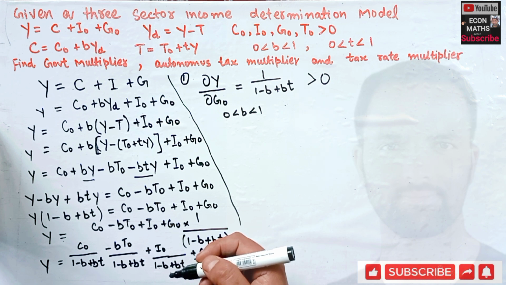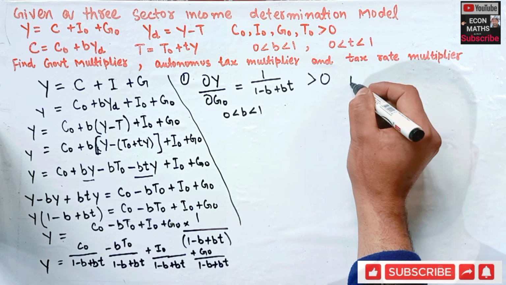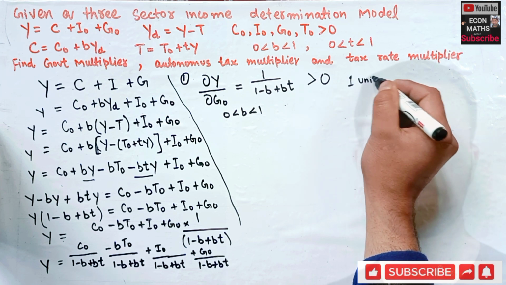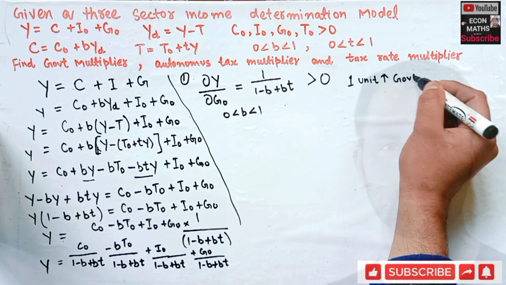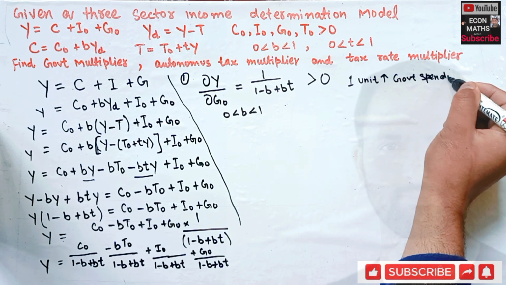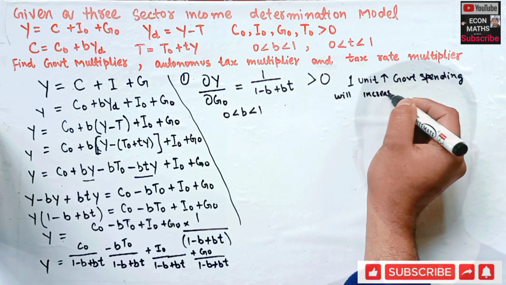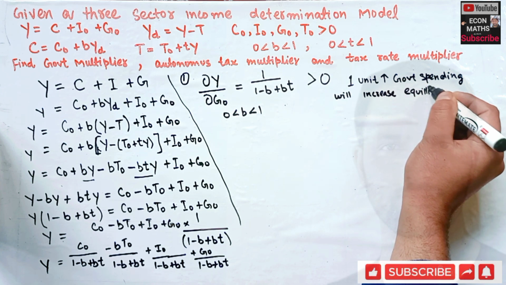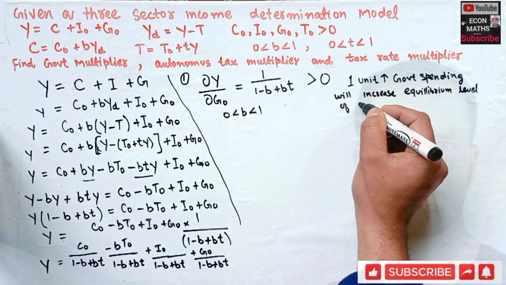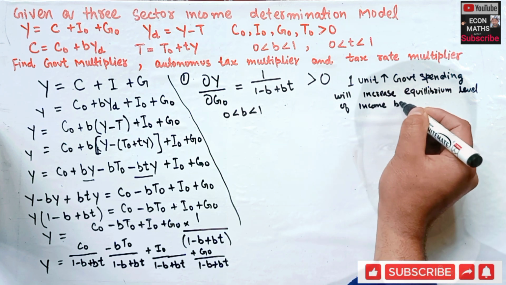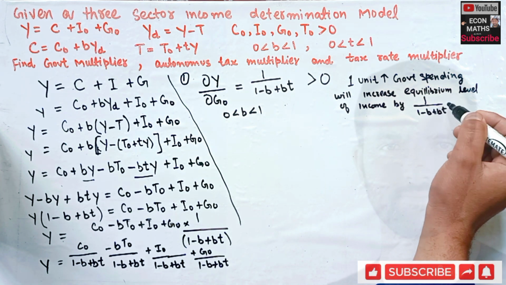And what does this then tell us? It tells us that a 1 unit increase in government spending will increase the equilibrium level of income by 1 upon 1 minus b plus bt units.